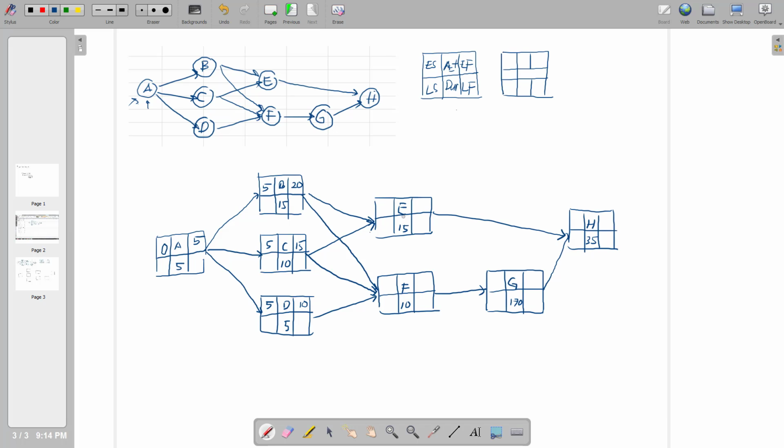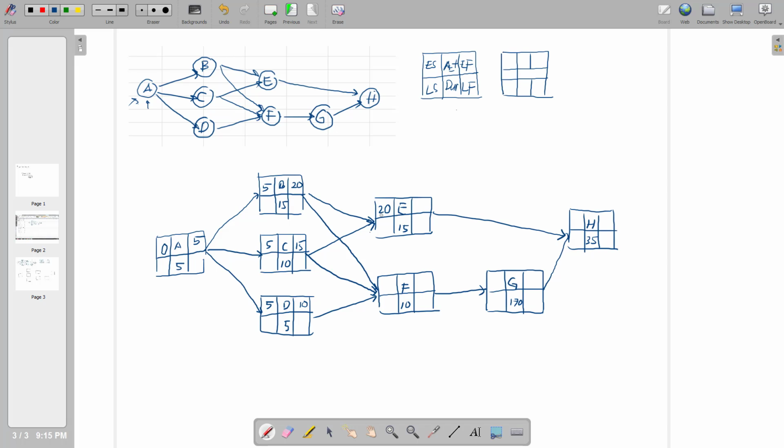What about activity E? There are 2 arrows coming in for activity E, from B and from C. The early finish of B is 20, and the early finish of C is 15. So you take 20 in this case, because if B finishes on period 20 and C finishes on period 15, activity E cannot start earlier than B finishes.